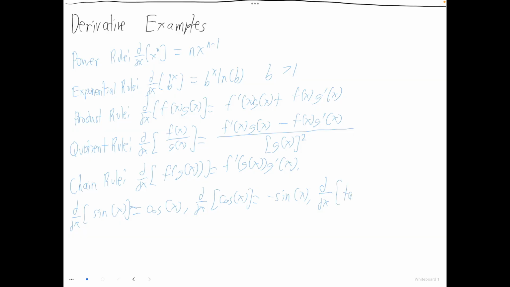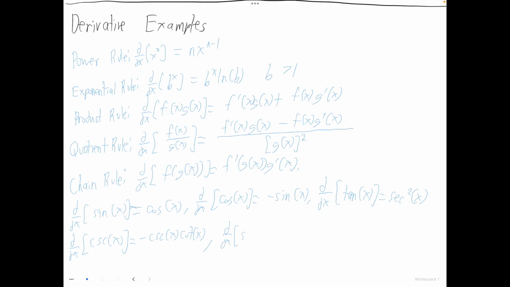The derivative of tangent is secant squared of x. The derivative of cosecant is negative cosecant of x, cotangent of x.